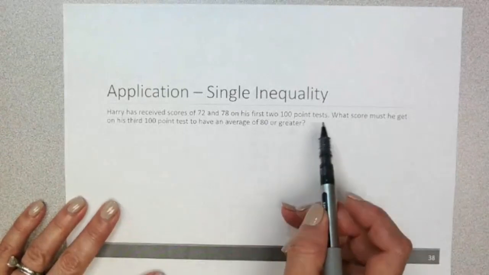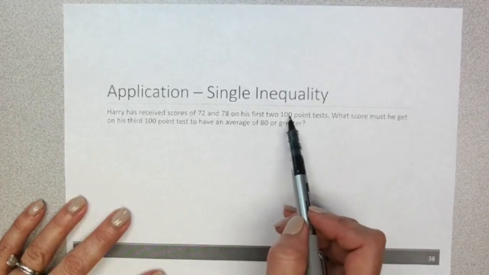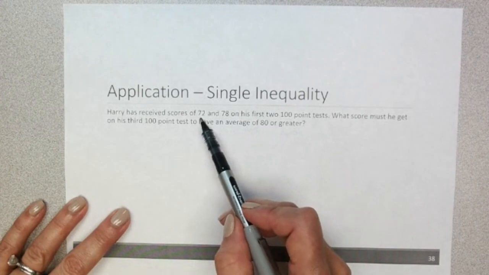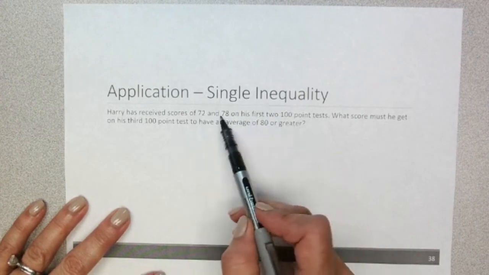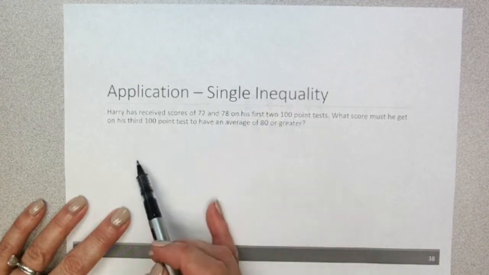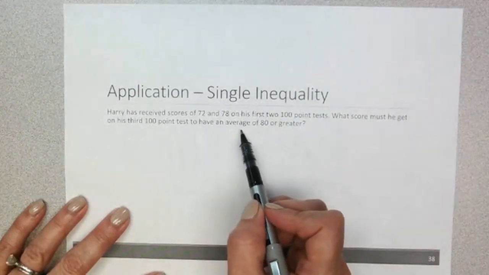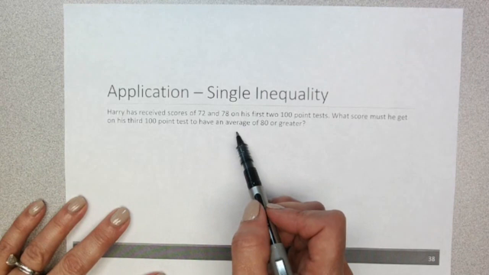So let's think about what's going on here. If he's got a 100-point test and he scored a 72 on it, that's like 72%. And 78 out of 100. Now, what is an average? To find the average, we add up all of the items and divide by how many there are.